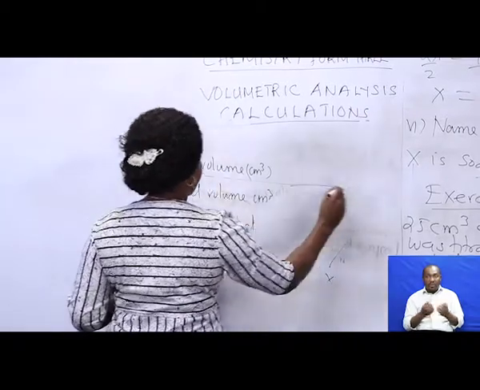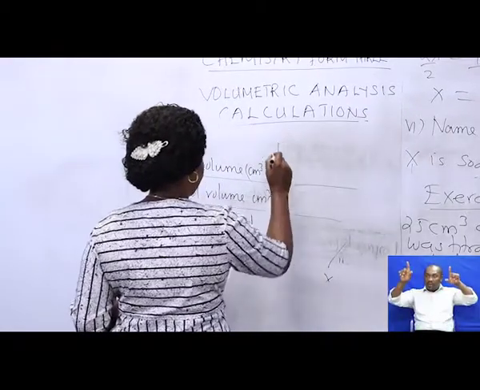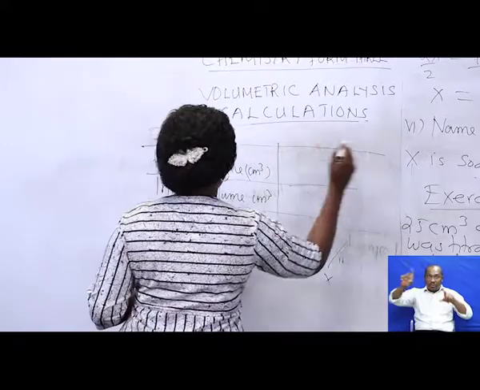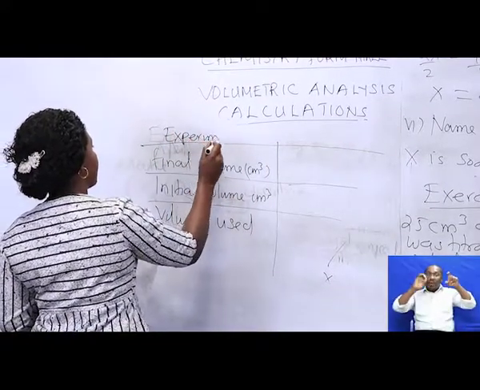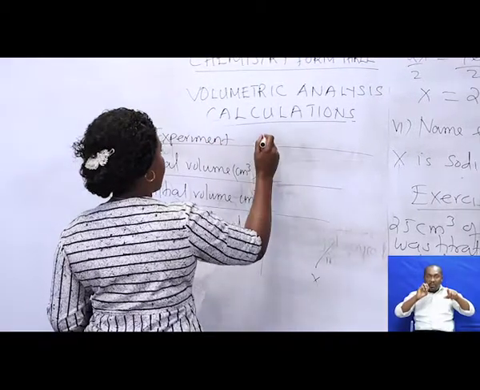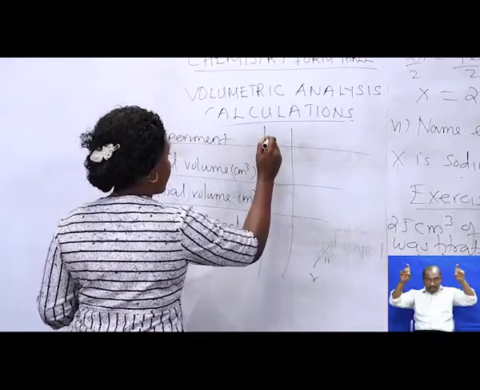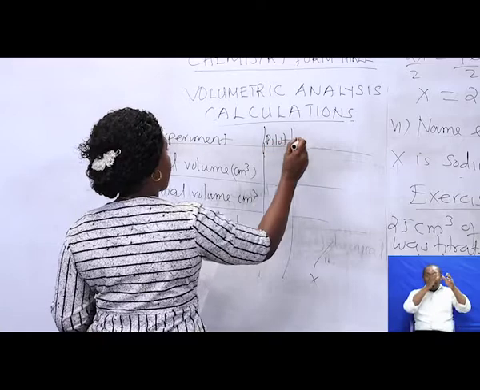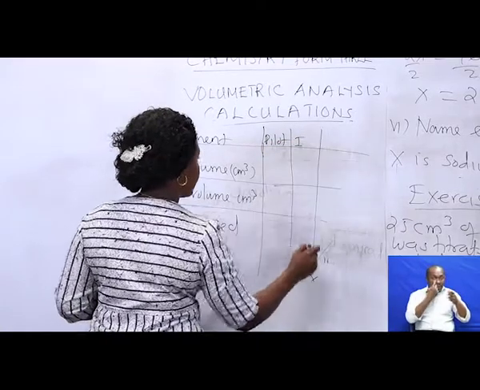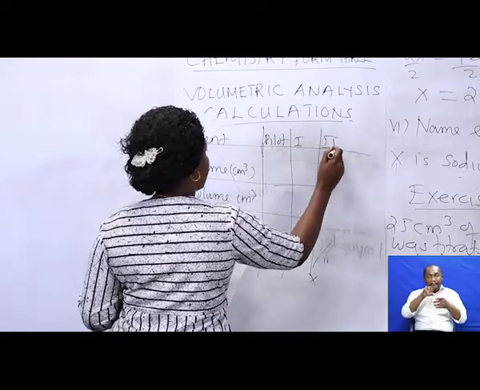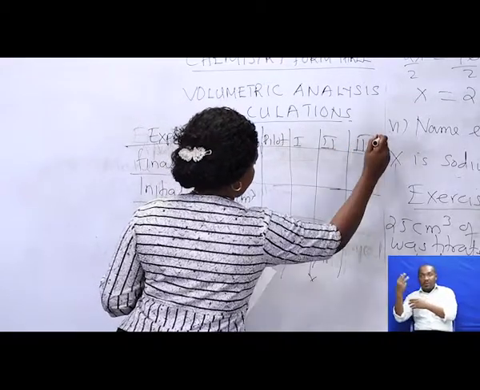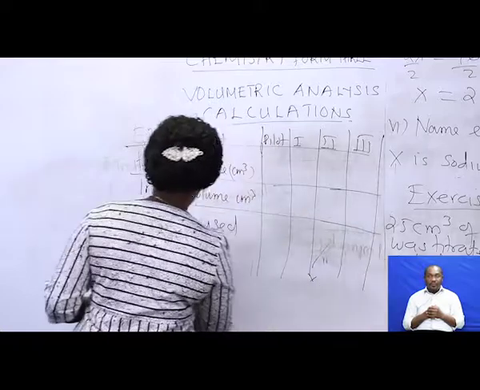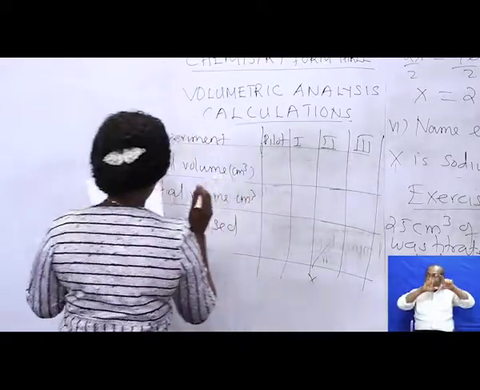So make sure you draw it in a tabular form. This is the experiment: pilot, experiment 1, experiment 2, and the last experiment 3. So you have to fill the data given.